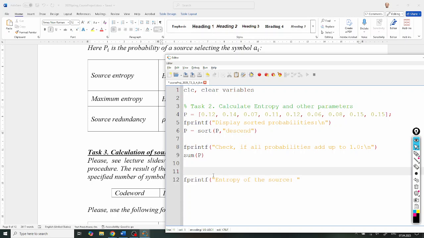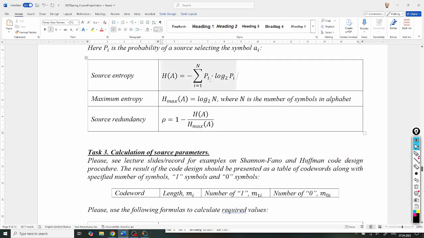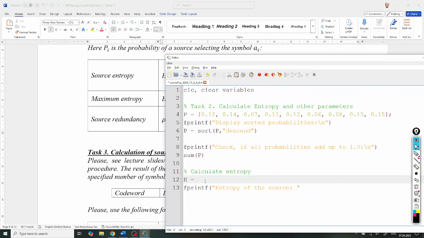Well, actually, I'm going to first calculate it. So calculate entropy h is going to be probability element-wise multiplied by logarithm 2 of this probability, also element-wise. So we can say probability with a dot by log2 of probability.